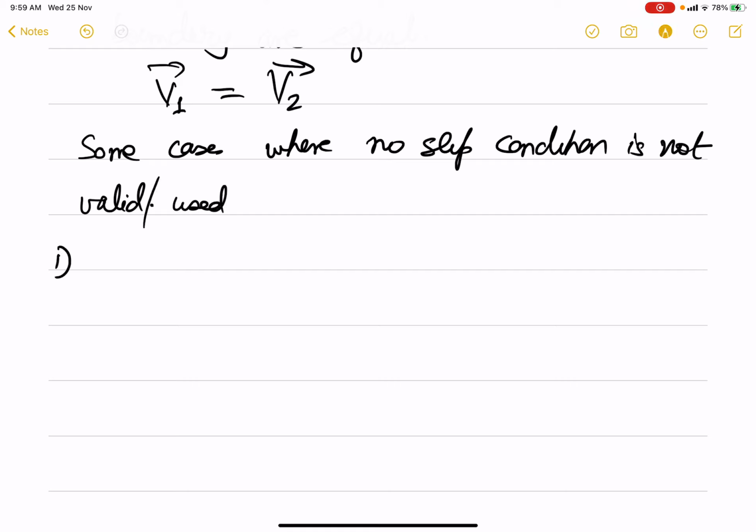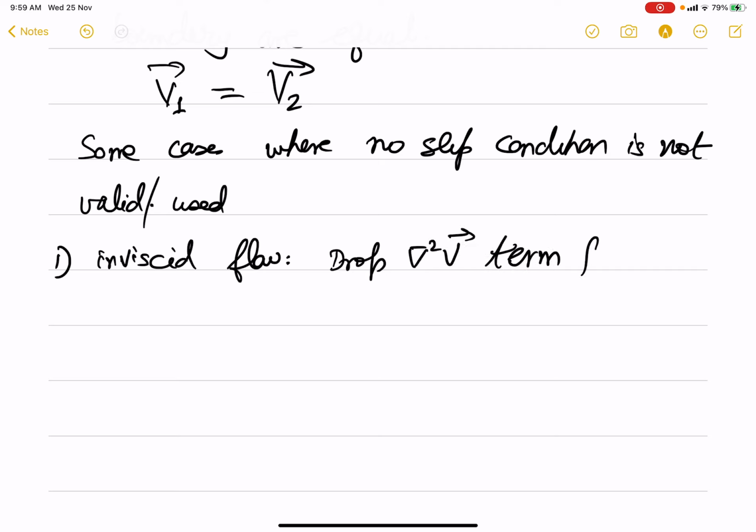And the first of these is, and we will look at this after we complete the Navier-Stokes equation, cases of inviscid flow, where you talk of viscosity not being important. You drop the del square V term from the Navier-Stokes equation.